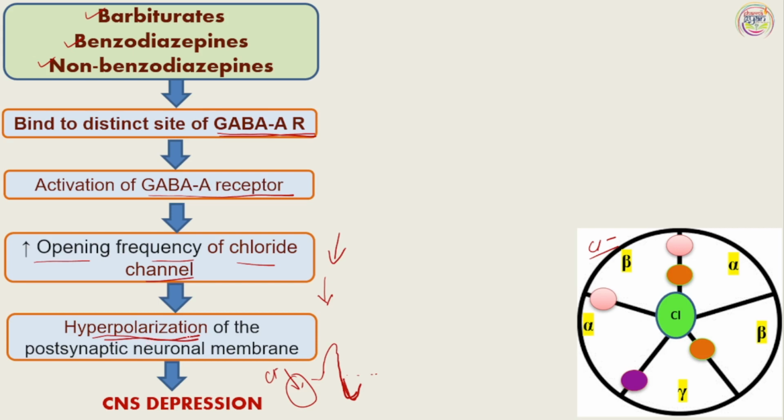Due to this hyperpolarization in the post-synaptic neuronal membrane, caused by the opening of the chloride channel, it will cause CNS depression. You can also visit our previous class on the action potential to understand this mechanism in detail. The link is given in the description box.